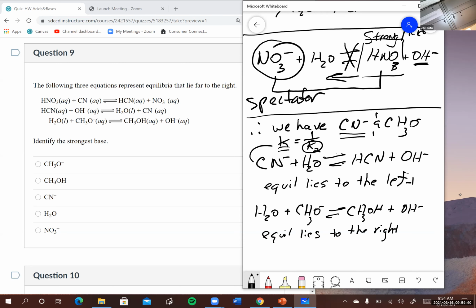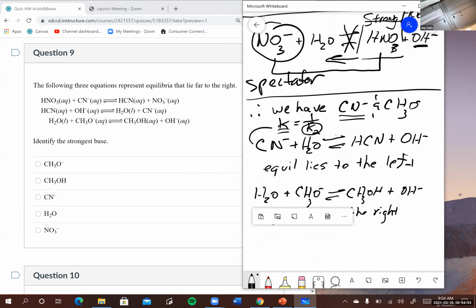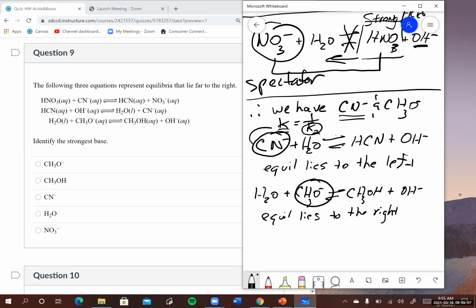Okay, now can you rank the relative strengths of this guy versus this guy given what we just analyzed? Which one's stronger? The CH3O minus. Yeah, why do you think?